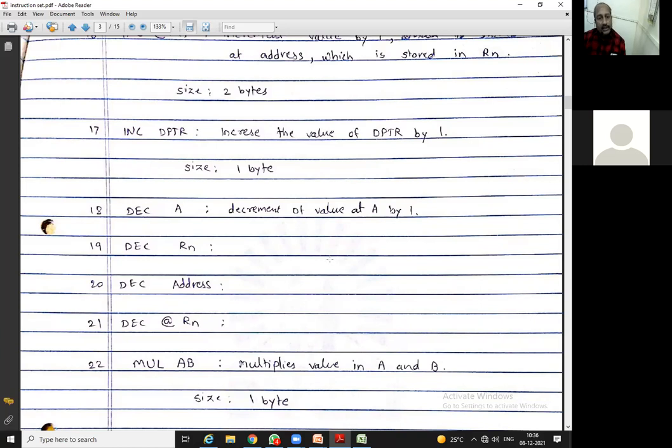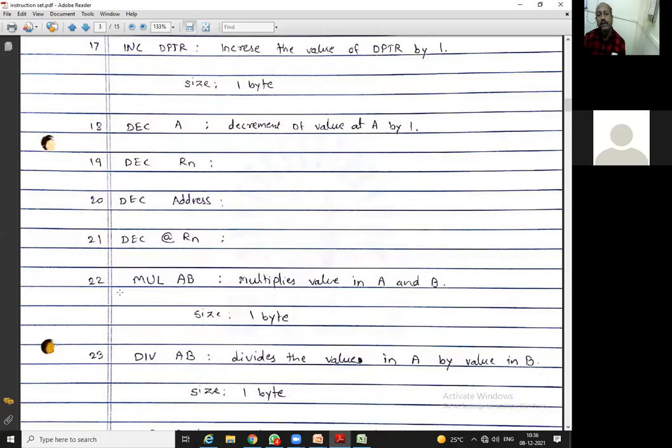Then similar to increment, it is decrement. So decrement A, that is decrement the value of A by 1. Similarly, it is applicable for all of these. The mnemonic is DEC: DEC Rn, DEC address, DEC @Rn. So they are all about increment and decrement.